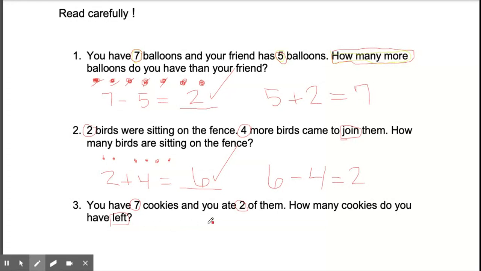If you only had this here, 8 would be another key word, because if you had 7 and you ate 2 of them, you don't have 2 of them left, right? Because they're gone. They're in your belly.